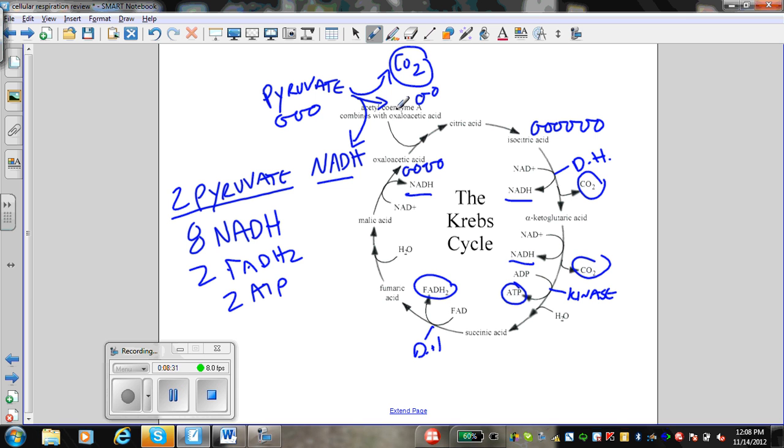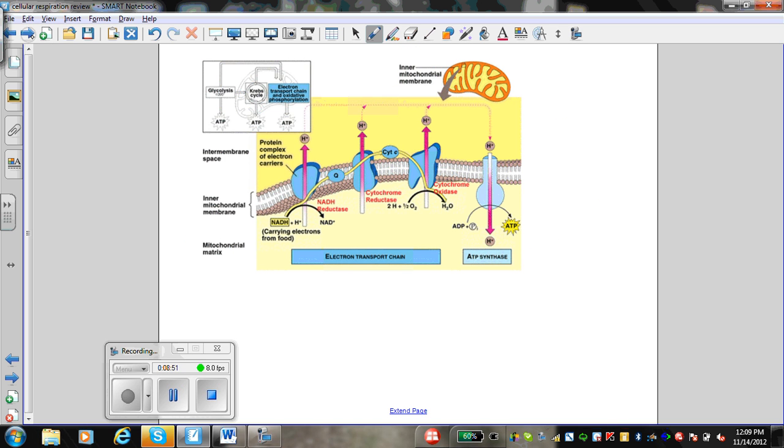So the original carbon chain is pretty much gone, but all the energy from that original carbon chain is pretty much now in shuttles, NADH and FADH2, right? So the Krebs cycle, main big things, releasing a lot of CO2, making a lot of NADH, and making a lot of FADH2. All right, Krebs cycle goes to the electron transport chain now.